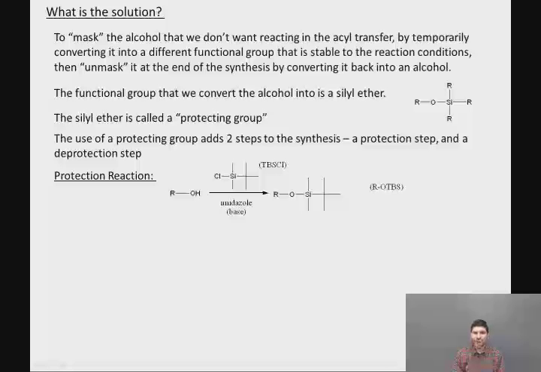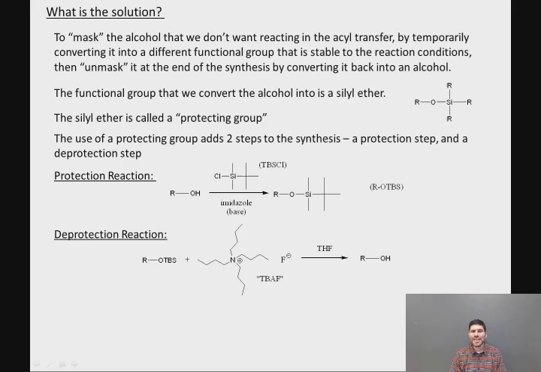Now that's a mouthful, so from now on we will call this TBS chloride. Okay, good. In the presence of imidazole, which is used as a base in this reaction. Okay, so TBS chloride and imidazole converts your alcohol into the TBS ether, and instead of drawing out the tert-butyl and the 2 methyls, we will from here on in abbreviate this as ROTBS.